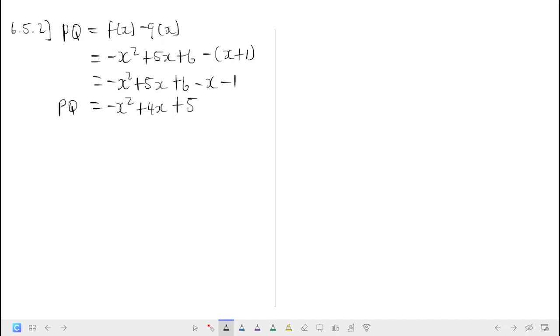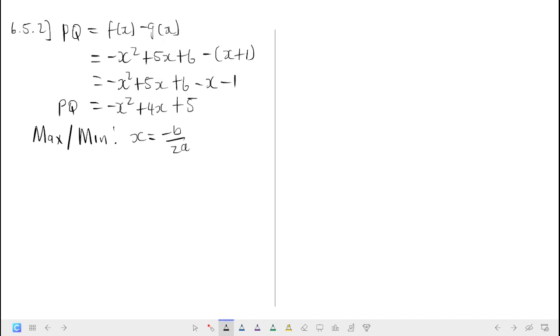Now, whenever you have a quadratic expression, we know that to find a maximum or a minimum, we can do two things. First thing that we can do is find the x coordinate by saying x equals minus b over 2a, right? Then after we got the x coordinate, we can substitute it here to get the y coordinate. So the y coordinate is going to be the actual length here.